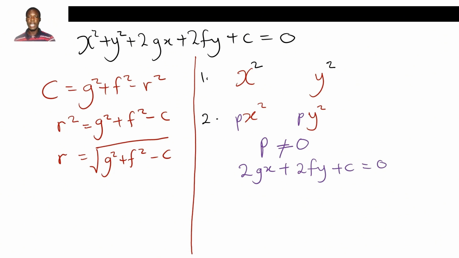And this, as you can see, is a linear equation, not an equation of a circle. So once the coefficients of x squared and y squared become 0, then we lose the equation of a circle to the equation of a line. So that is what it means.